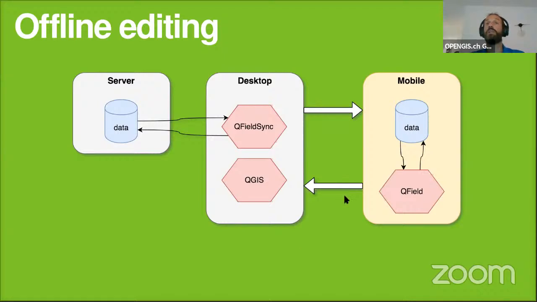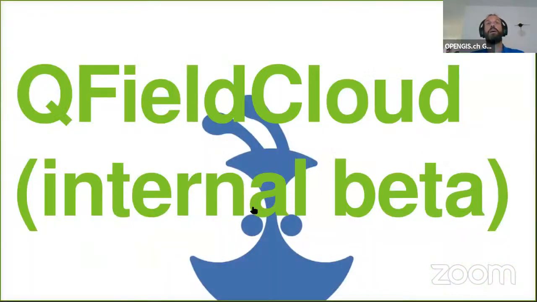It's really very handy because you can be sure that it will just work anywhere. It is based on GeoPackages, so whatever you're getting back from QField is just an updated GeoPackage and a QGIS project. Really handy. And then QField Sync will synchronize your data back to the database.